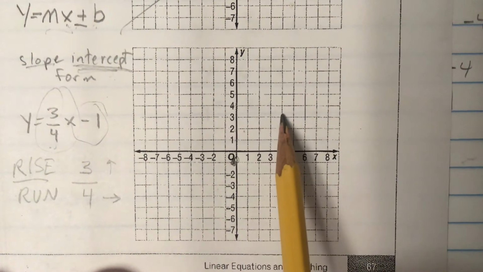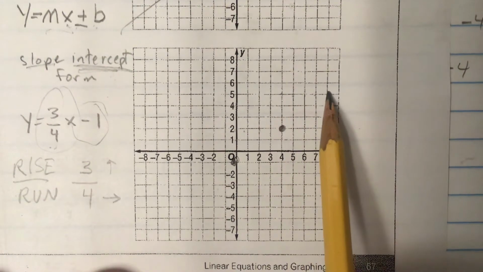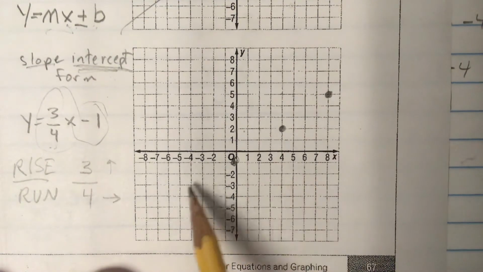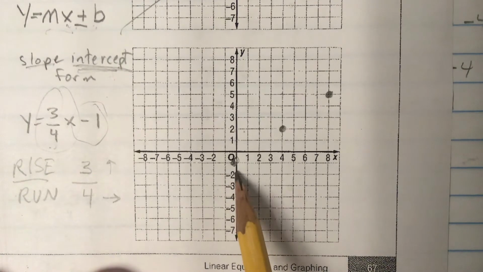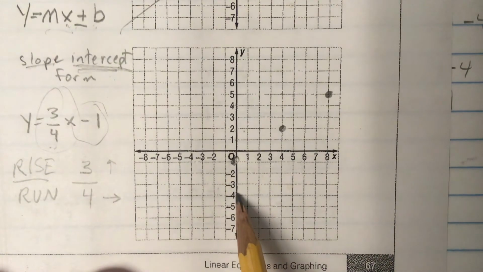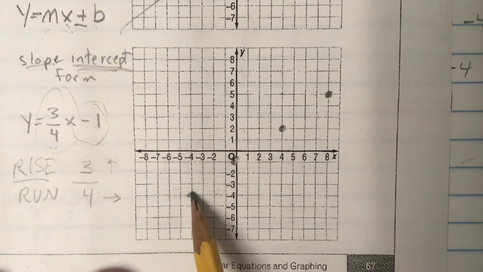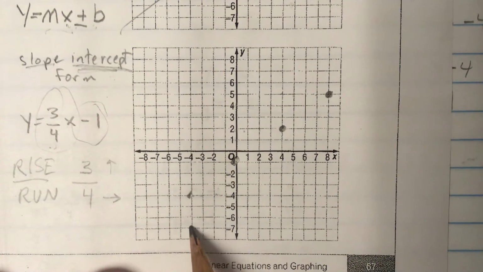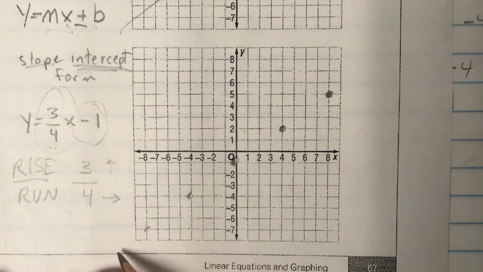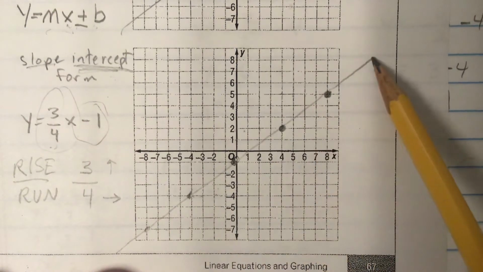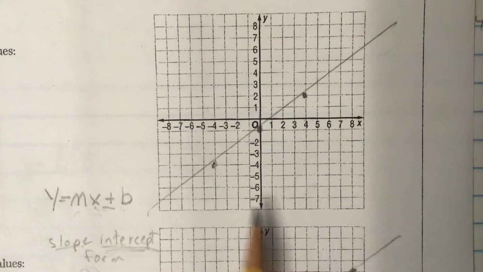To go the other direction, I'm actually going to go down 1, 2, 3, and then run back 4, 1, 2, 3, 4. Go down 3 and back 4.